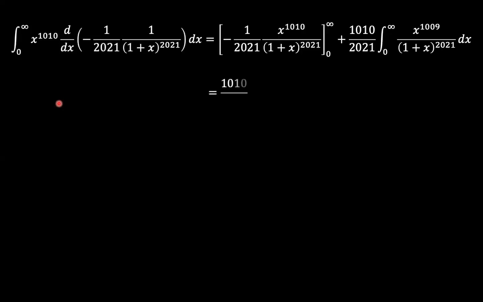So when we continue, now we have this initial part. This initial part here tends to 0. Why? Because the limit of this as x tends to infinity, as you can see, both the numerator and denominator tend to infinity.